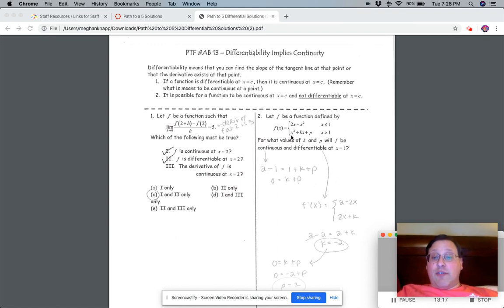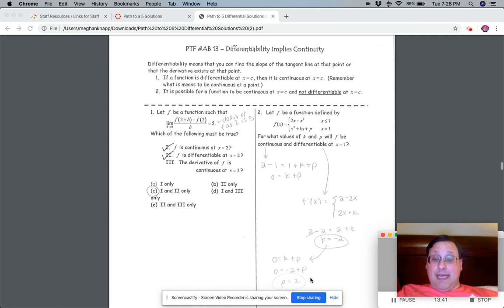They take the derivative here to get 2x plus k, and we want to make sure those are also the same. When x equals 1, we get 2 minus 2 is 0. When x equals 1 on the bottom piece, we get 2 plus k. That let them solve for k as negative 2. Going back into k plus p equals 0, let them solve for p.